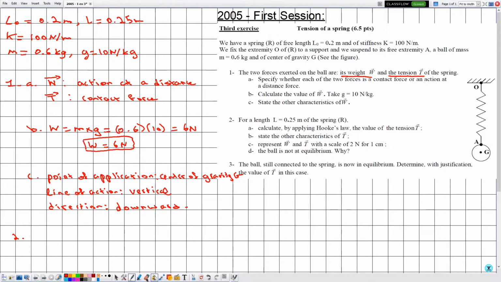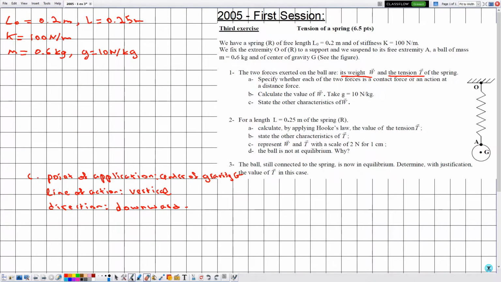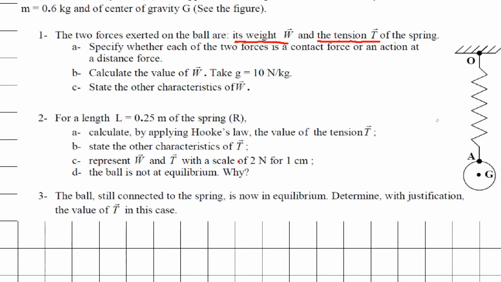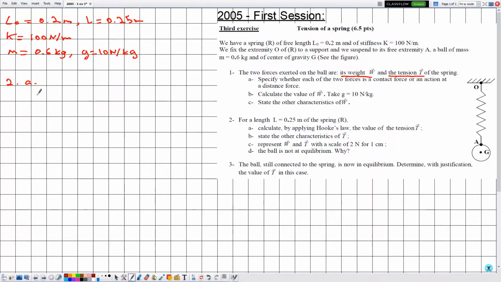Now let me make some space here. So we are in part 2. Calculate, by applying Hooke's law, the value of the tension T. So we need to apply Hooke's law in order to determine the magnitude of the tension T. Then let's say apply Hooke's law.